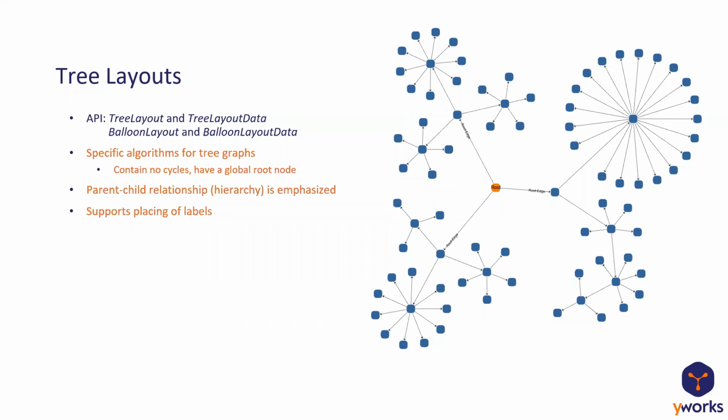So, as already said, tree layout algorithms are designed for tree graphs, and a tree is a graph where you have no cycles, and a tree has a global root node. So you have a root node, and the root node has child nodes, and the children can again have children themselves, and so on. So yeah, a tree, a hierarchy, kind of.